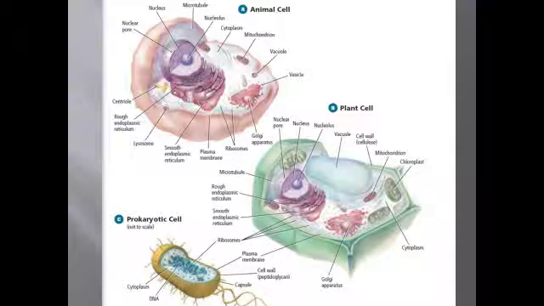And the cell will put things it doesn't want anymore into the lysosome, and the lysosome is going to break it down into its smaller parts. So it'll either become waste to be removed later on, or it'll be able to be recycled and be used again later.